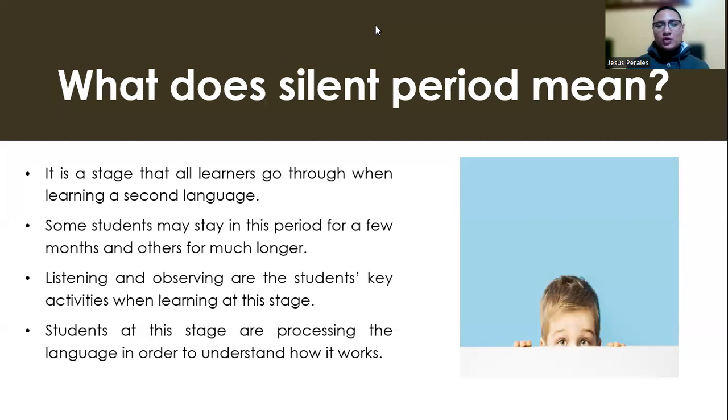But we really have to understand that even when they are not speaking, that doesn't mean that they are not learning. This is just a phase where they are processing a lot, getting to know what's going on, how to use the language, how they can interact, and they are getting to feel comfortable in this process.